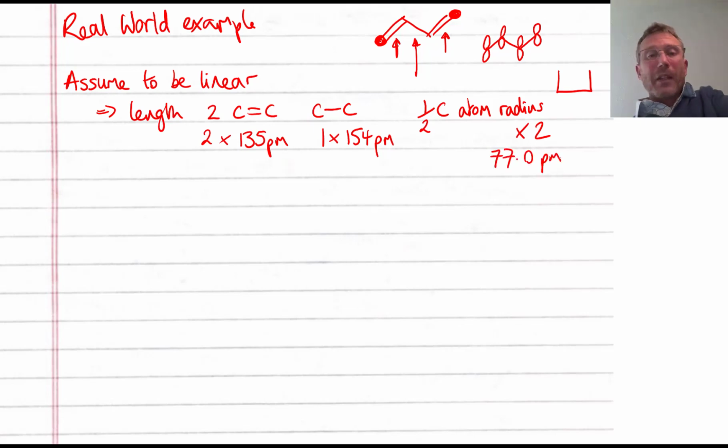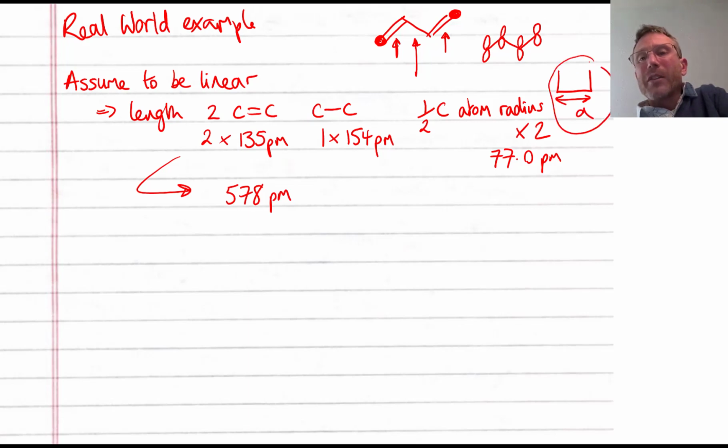So we add this all together: 2 times 135, 1 times 154, and 2 times 77. And we end up with 578 picometers. So this is our value for A, here's our box. A is equal to 578 picometers.